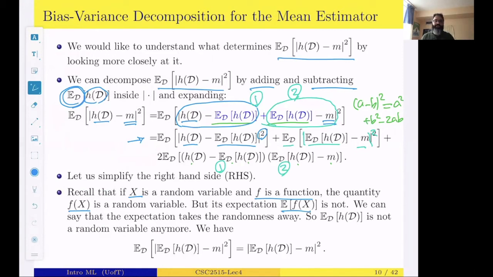The whole point of expectation is that it averages out the randomness of whatever is inside it. So expectation of f of x is not a random variable. We can say that expectation takes the randomness away. So expectation of h of d is not random, even though h of d is random.